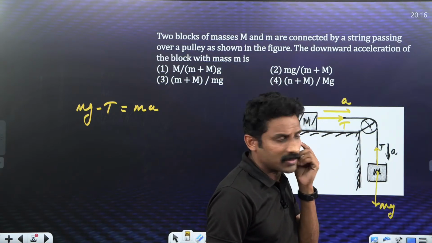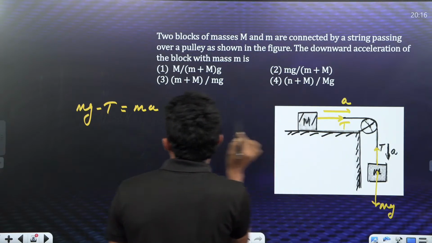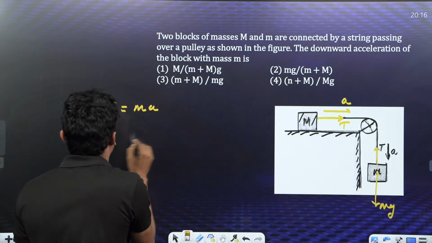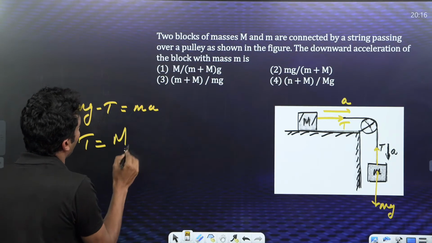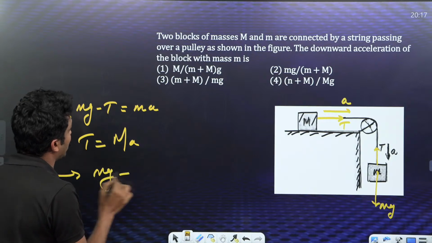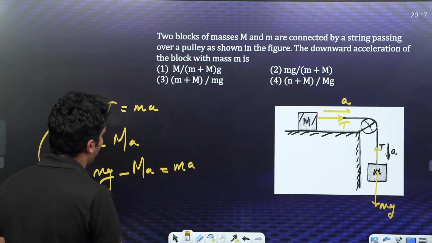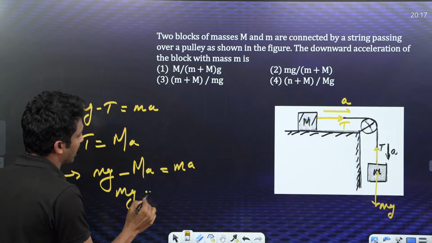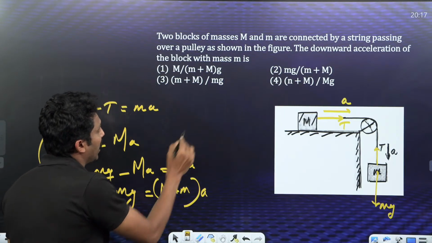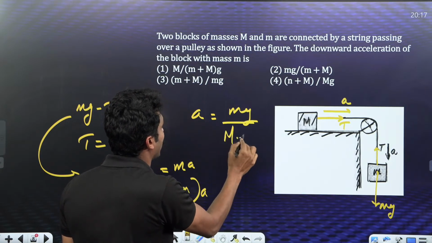So for this mass, the tension is equal to ma, tension is equal to small m into A. Now the first equation becomes Mg minus ma is equal to MA. Clear? Which means Mg is equal to M plus m into acceleration. That is, acceleration is Mg divided by M plus m.